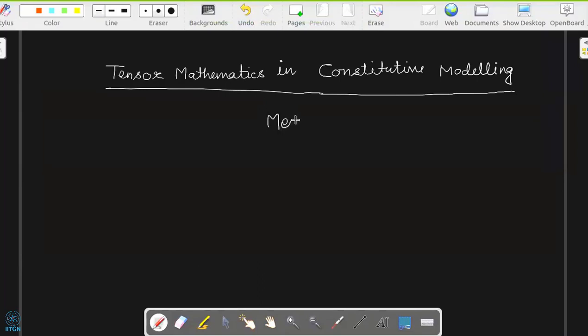As we know, we started our journey of mechanics from a very simple one, and that is mechanics of rigid body.